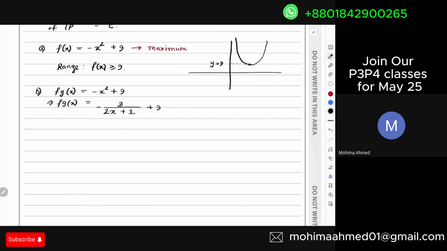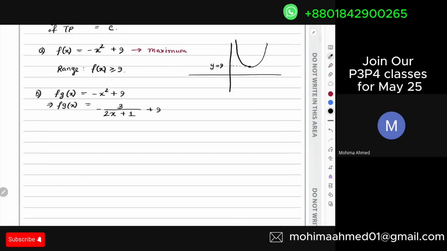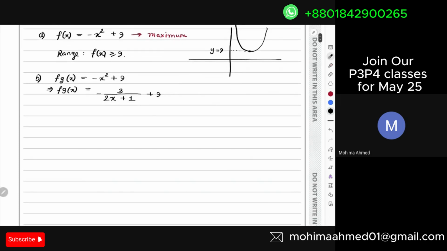I already know that over here the value for x is 1.5. So I'm not going to waste my time simplifying this equation by LCM or anything. I am just going to insert fg of 1.5, and then minus 3 over 2 times 1.5 plus 1, plus 9, right? And that's enough. You just have to now simplify the equation. 3 over 2 times 1.5 plus 1, plus 9, and you get 8.25.